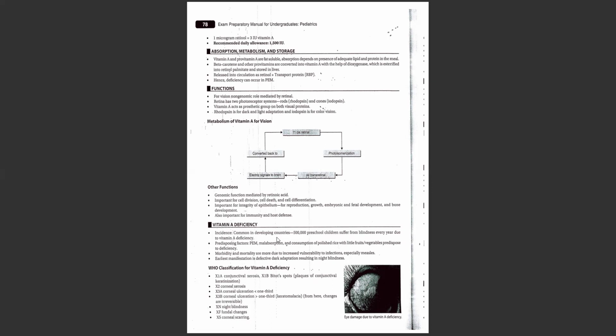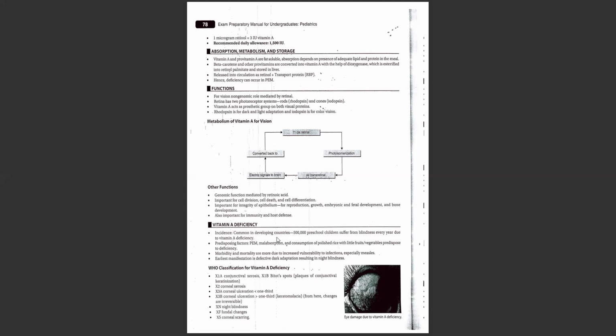Other functions of vitamin A include genomic functions mediated by retinoic acid. It is important for cell division, cell death, and cell differentiation, for the integrity of the epithelium, for reproduction, growth, embryonic and fetal development, and bone development. Vitamin A is also important for immunity and host defense.